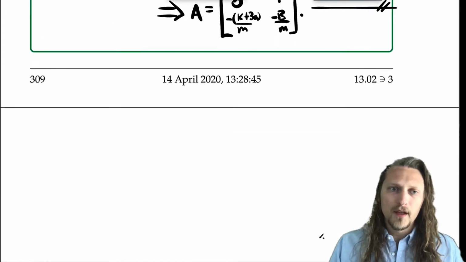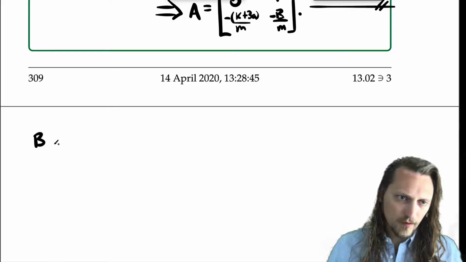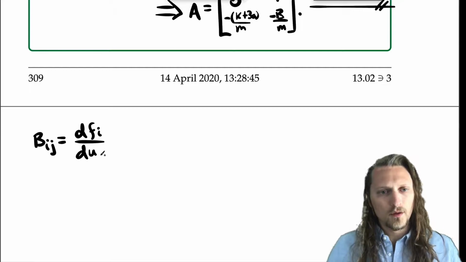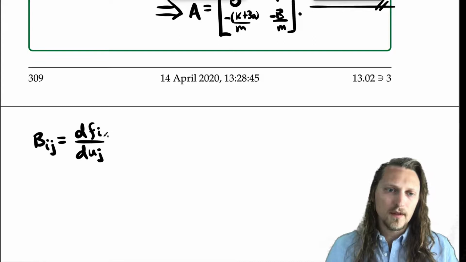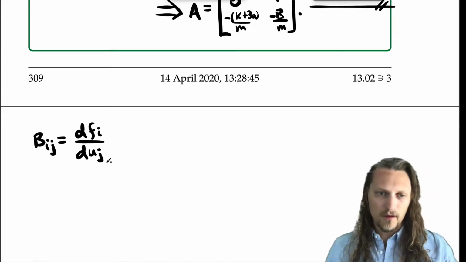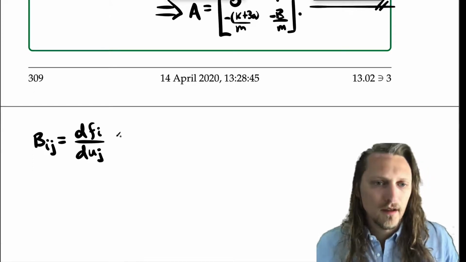Now we can do the B matrix, which from the equation given in the lecture is just the derivative of fi with respect to uj. In this case, we only have one input, so it's the derivative of F1 with respect to our one input, xs, and then the derivative of F2 with respect to xs.